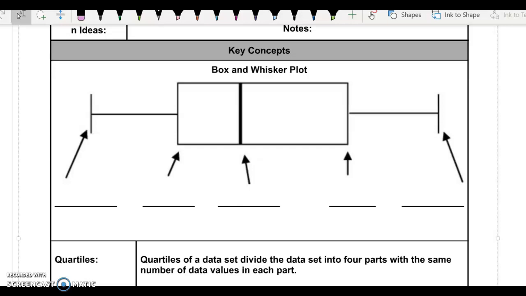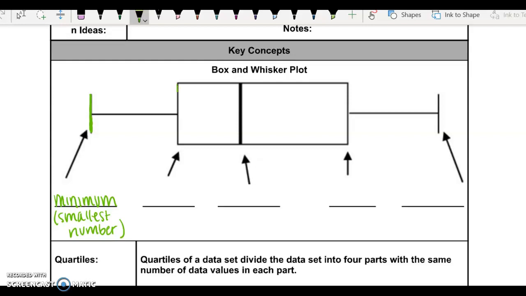So first, if we're looking from left to right, like how we read, the first one where this little line is right here, this indicates our minimum. This is our smallest number in our data set.